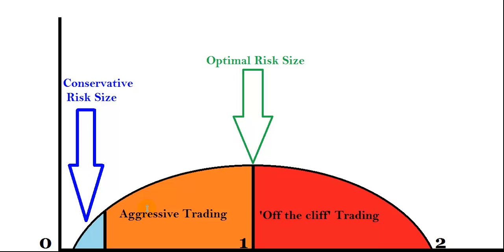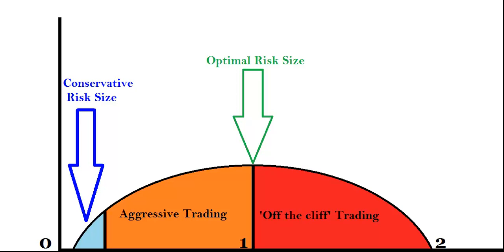Now, there is one more theoretical consideration here. Here's the problem. This whole formula assumes that we have a constant, verifiable expectancy. In other words, the amount of money that we expect to make given our trading system stays the same.